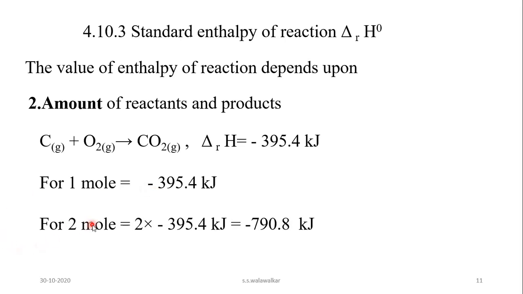And for 2 moles, the heat evolved is 2 into minus 395.4, that is minus 790.8 kilojoules. So the reaction is the same, but enthalpy of reaction is different because the number of moles is different. So amount of reactant and product also affects the value of enthalpy of reaction.